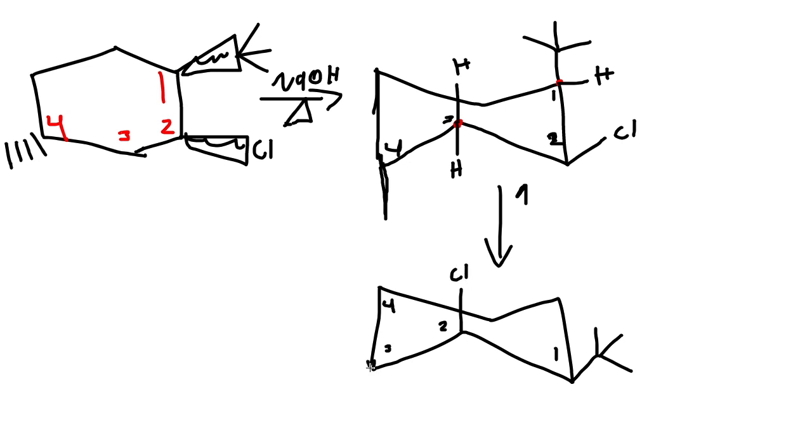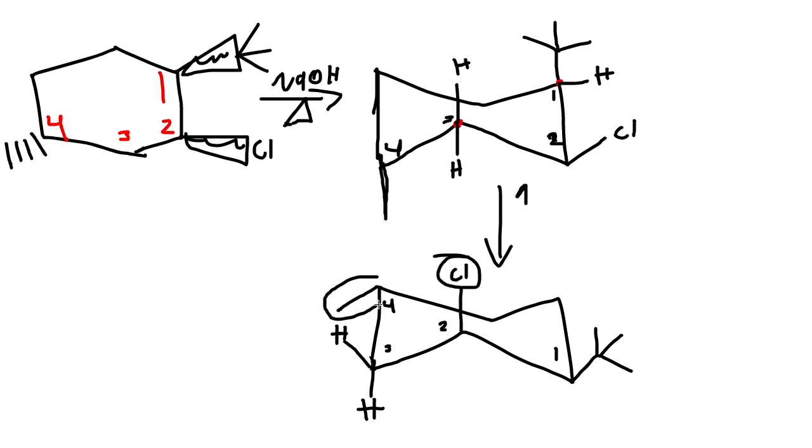On the third carbon, actually we have nothing, it's just a hydrogen, so we have the beta hydrogen on the axial position, which is good. This one right here, particularly. For the fourth carbon, we have a dash, that means down, but we have an up position here, so it'll go on the equatorial side. For this we have the leaving group on the axial position.